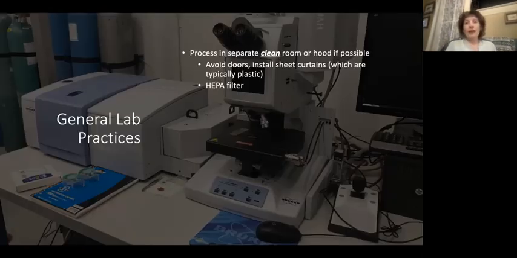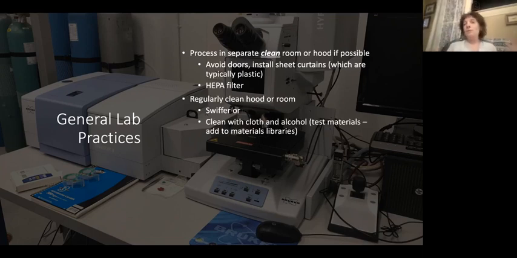So some general lab practices, and again, some of this is a little bit repetitive, but processing in a separate clean room or hood when you can. Avoid lots of opening and closing doors. You can install sheet curtains, have HEPA filters, regularly clean the room. Like I was saying earlier, your clothing should be made of natural fibers.